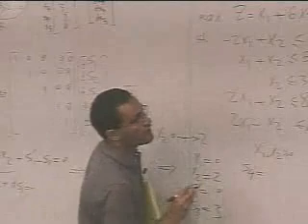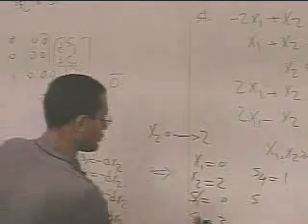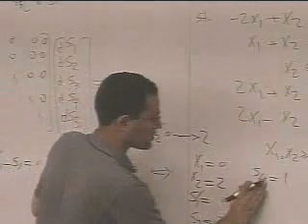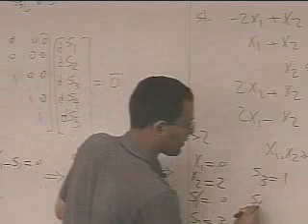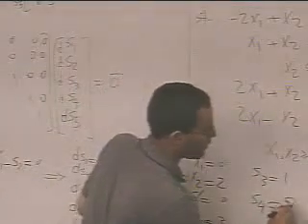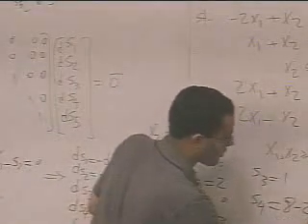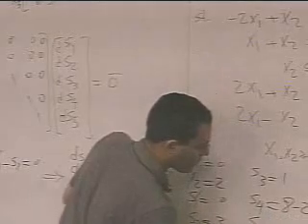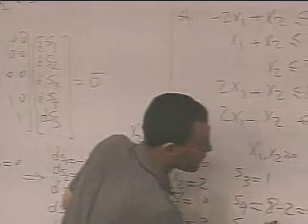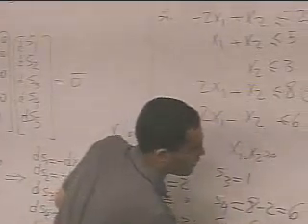S4 would be 3 minus 2, it would be 1. Am I missing something? Yeah, this is 2. This is 3. S4 would be 8 minus 2 equals 6. And S5 would be 6 plus 2, which would be 8.